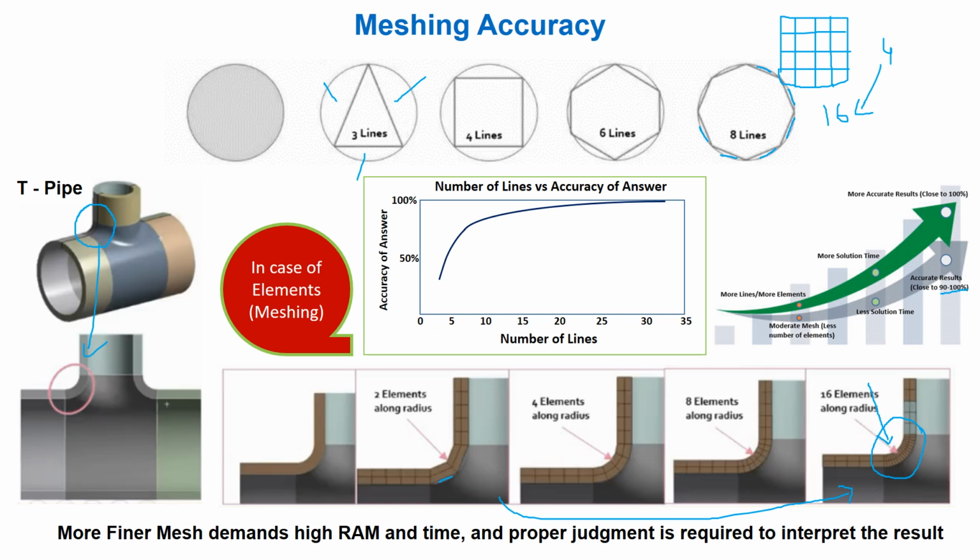So it is required to select the number of elements judiciously and synchronize time as well as accuracy. Here also we have to judge both input and output properly to interpret the result and the outcome.